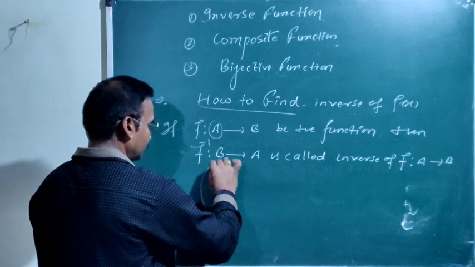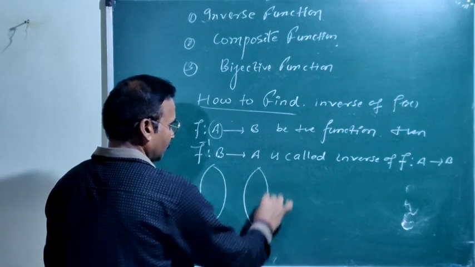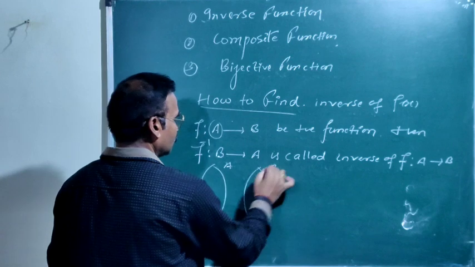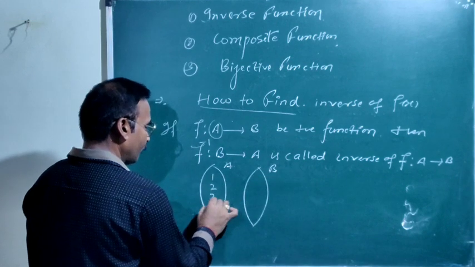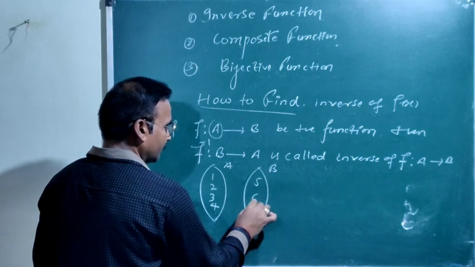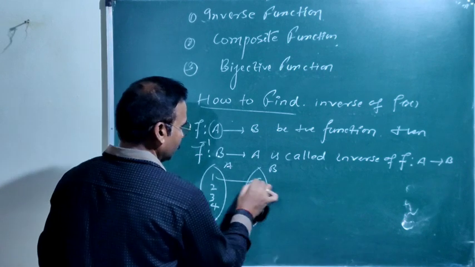Means, A has elements 1 2 3 4 and B has 5 6 7 8.